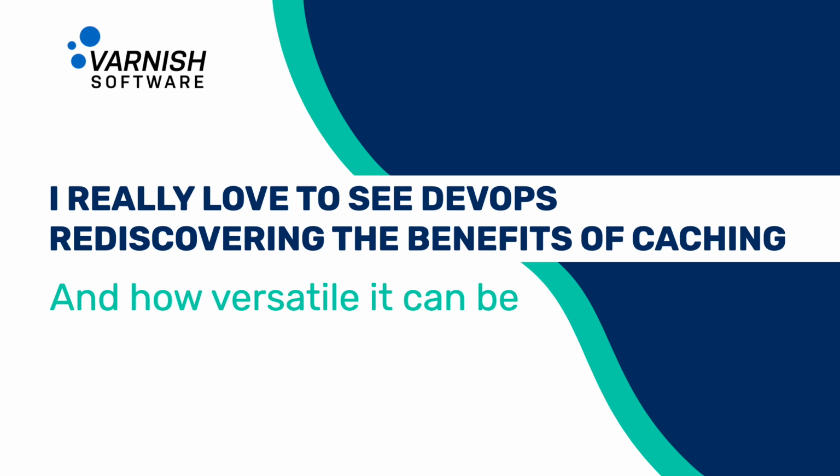There are a few things that we are not gonna touch, like WebSockets, for example. But if it's HTTP, we can probably help quite a lot. And I really love to see DevOps rediscovering the benefits of caching and how versatile it can be.